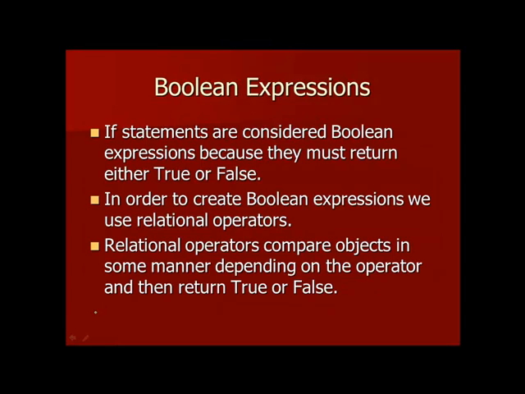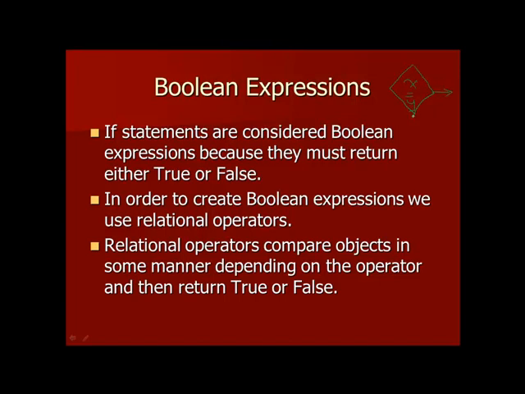Now, if statements are considered Boolean expressions because they always must return a true or false result. You can think of that decision structure back when we were looking at flowcharting. You remember if we had, if x is equal to y here, there were always two results.